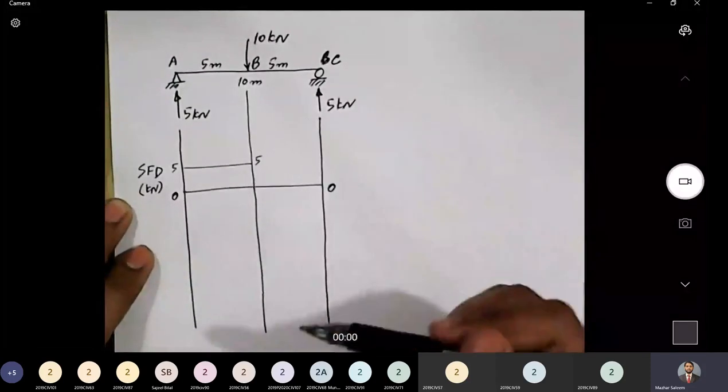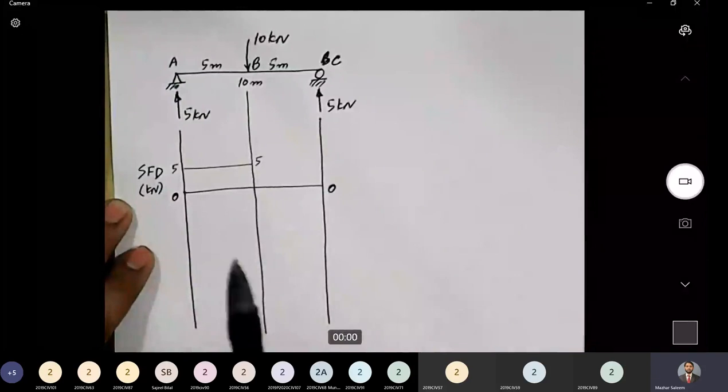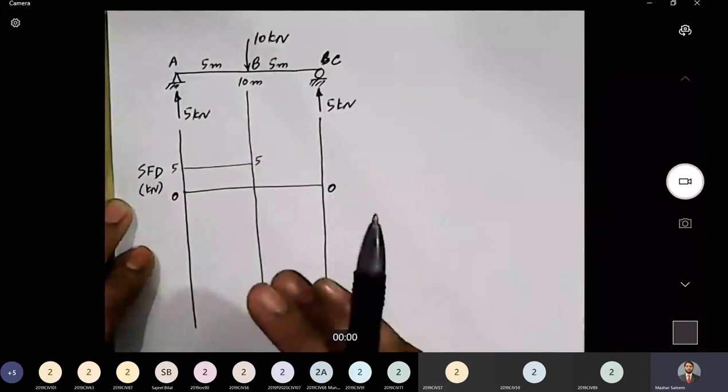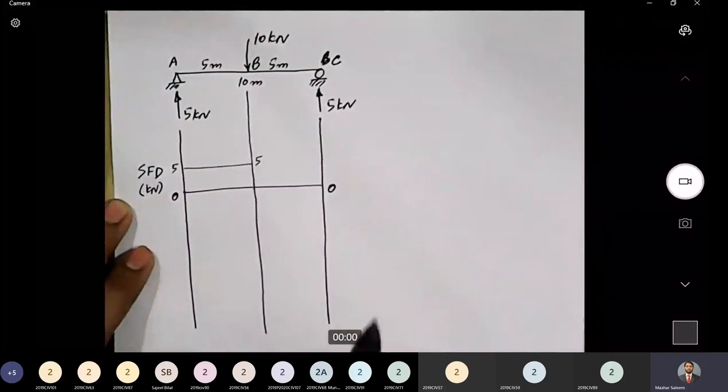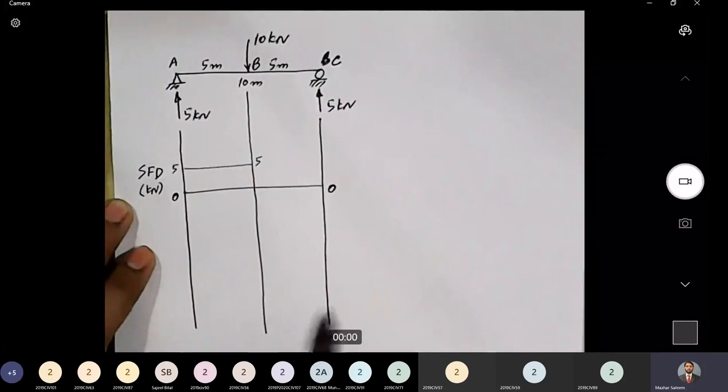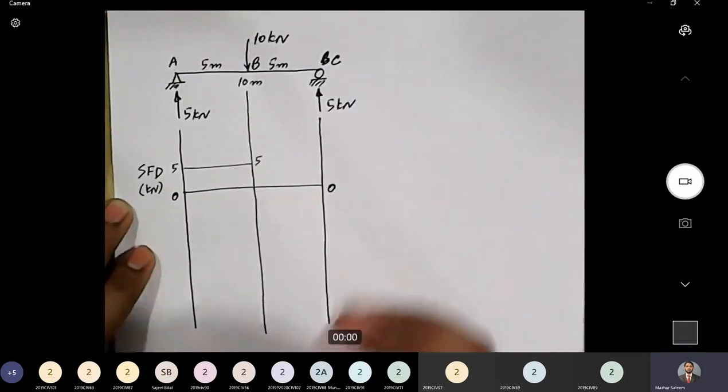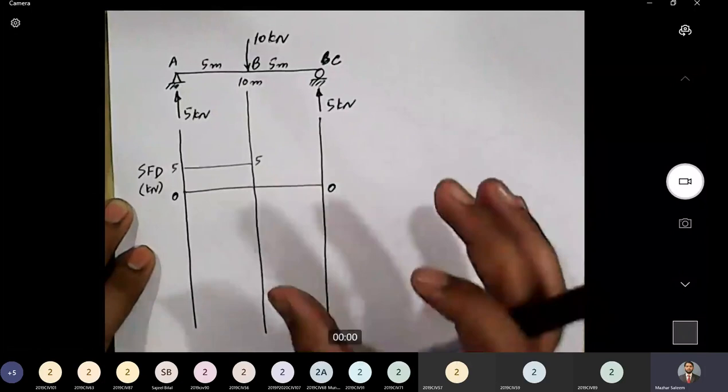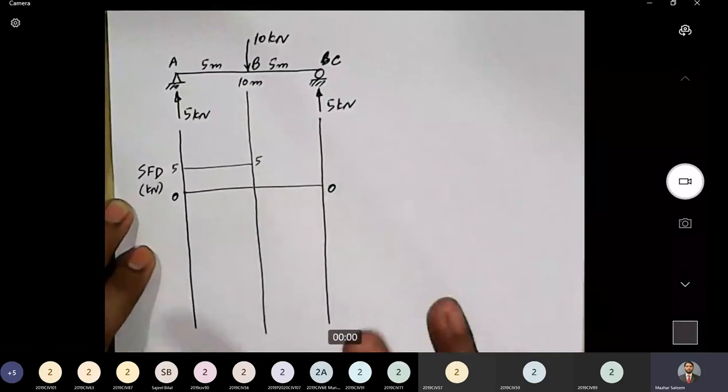And these SFDs and BMDs will be drawn on rough scale. When I say rough scale, I mean we will not be choosing any exact scale and drawing the lines according to that scale. Rather, the bigger values should appear to be bigger on the diagram, but these values do not need to be on some exact scale.